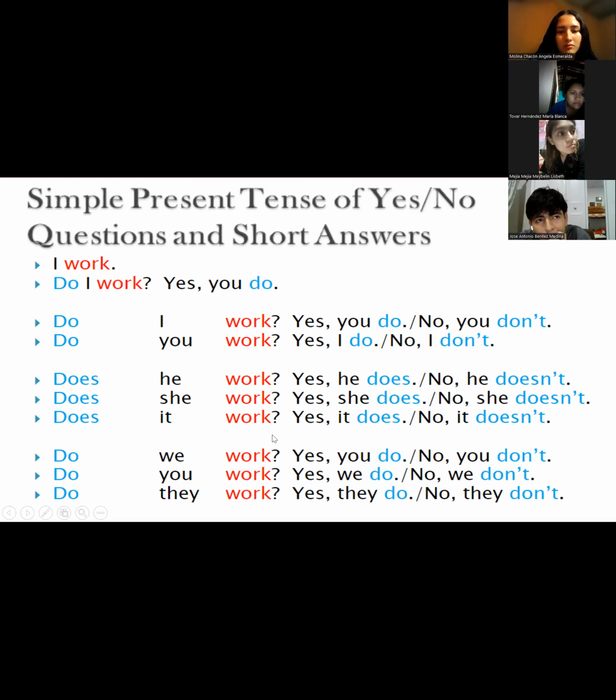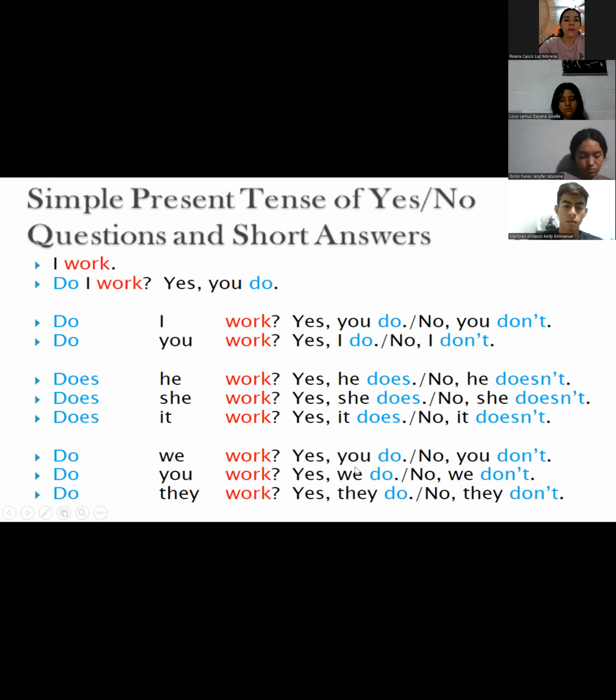Does it work? Yes, it does, or no, it doesn't. Do we work? We is like nosotros, right? Yes, we do, or no, we don't. Do they work? Yes, they do, or no, they don't.